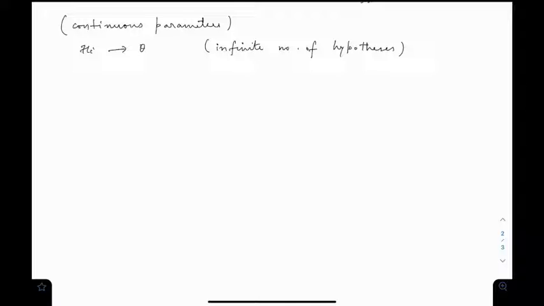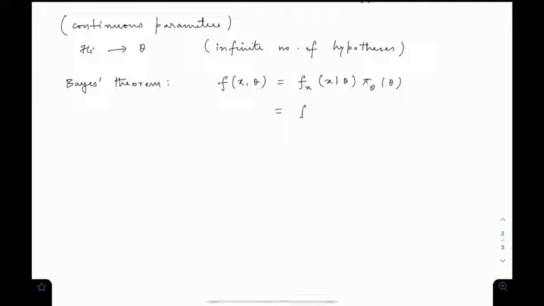And then Bayes' theorem becomes, so instead of the intersection, we have the joint probability. It is given by the product of the conditional probability of x given theta times the marginal probability for theta, which also equals the conditional probability of theta given x times the marginal probability of x.